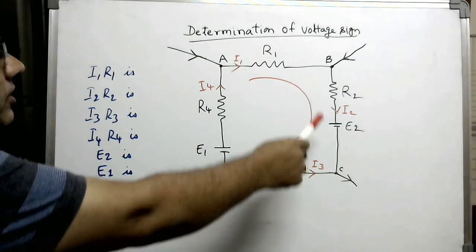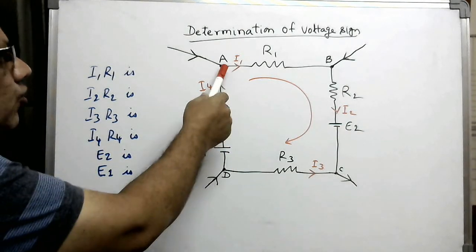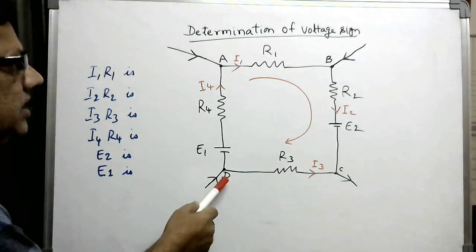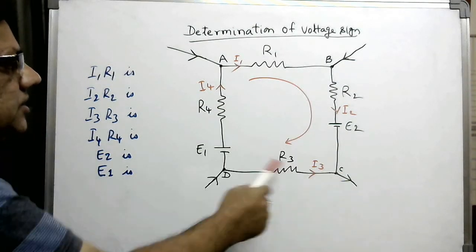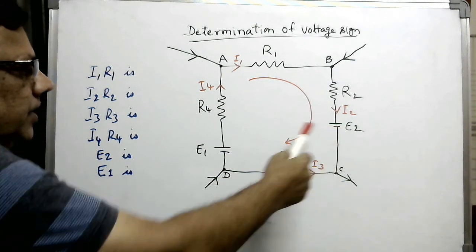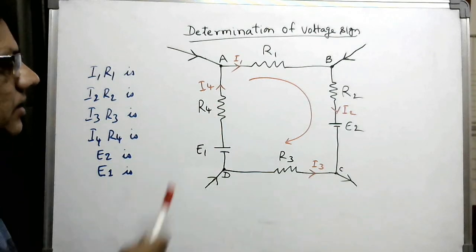In this network, there are 4 nodes A, B, C, D, and resistors and 2 EMFs are connected as shown.